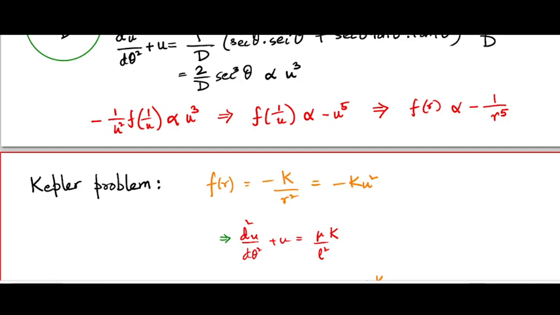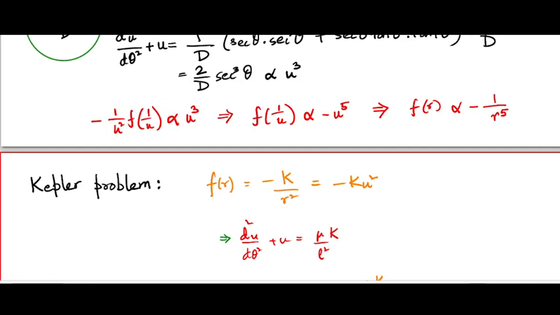Of course, the term mu k over L square might spoil that a bit, because in a standard harmonic oscillator you should have 0 on the right hand side. But that is also handled very easily. Instead of u, if you use the variable u minus mu k over L square, then that obviously obeys the equation.